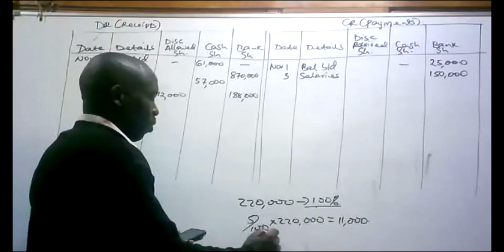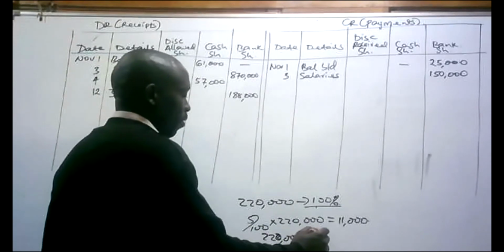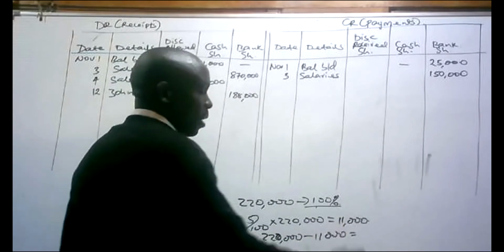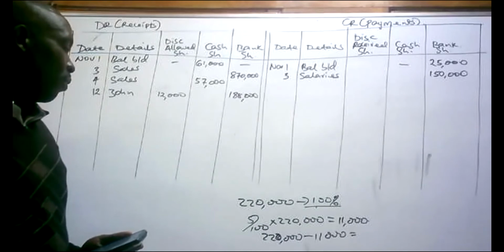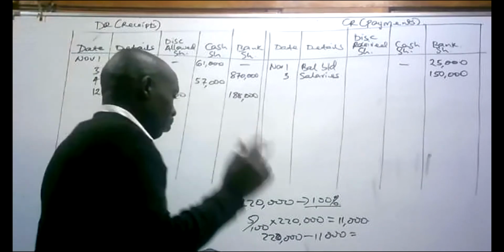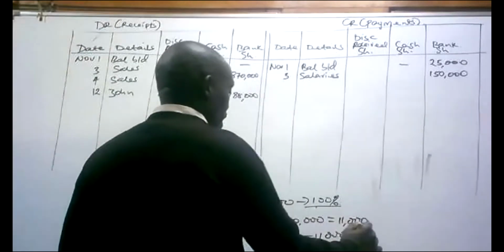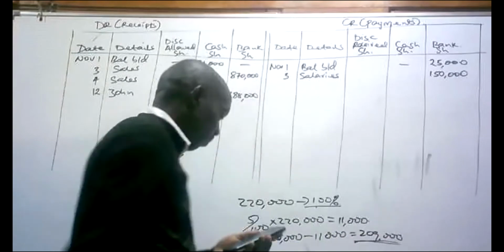If the total amount was 220,000, we have received a discount of 11,000. So how much are we supposed to pay? 209,000. That is what we paid.